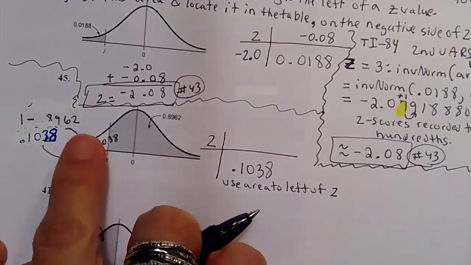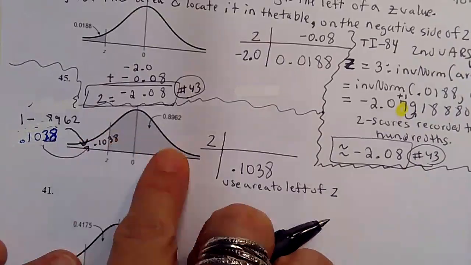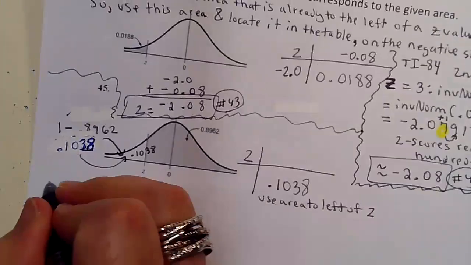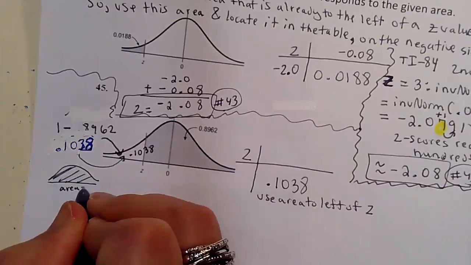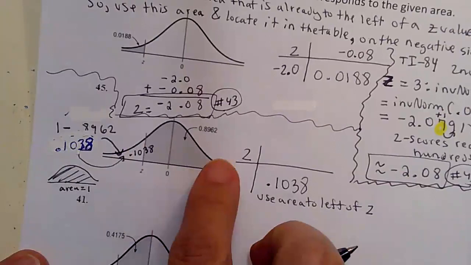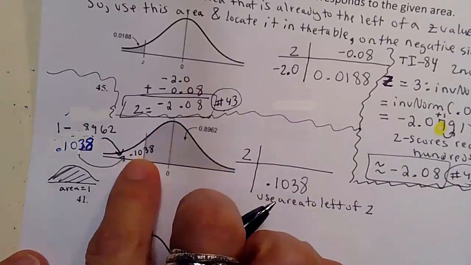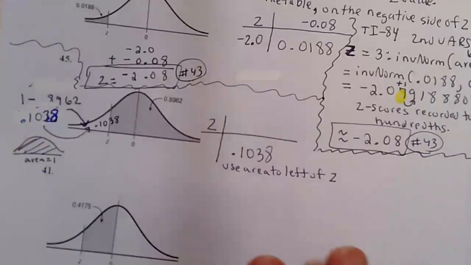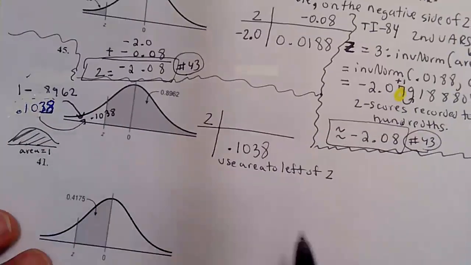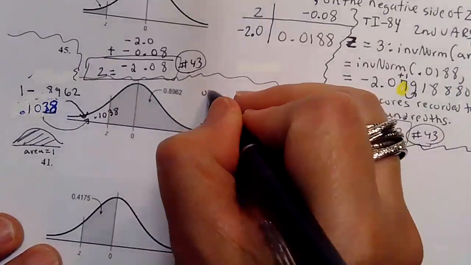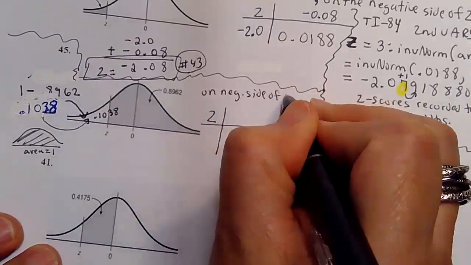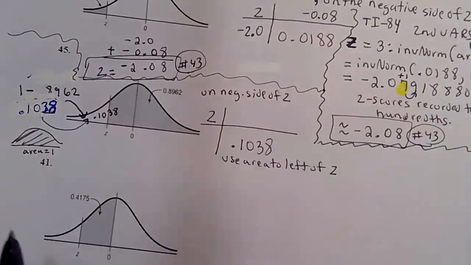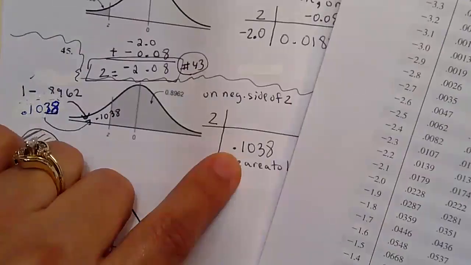And the best thing to do is do 1, the whole thing, because the whole area underneath the curve is 1. So you do 1 take away all this, and you're left with this little piece here. So when you look that up, you can see you're on the negative side of z. So you know to go to the table that's got the negatives, and you're looking for 0.1038.